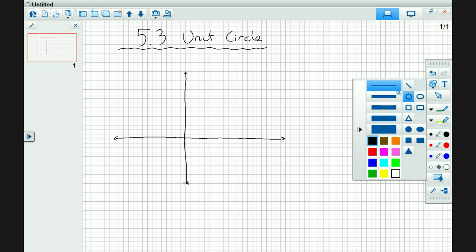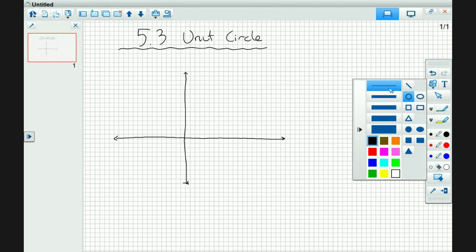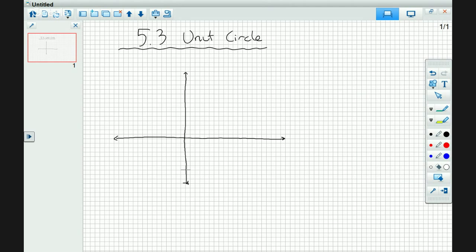That's how I try to use it. Usually you put the center and you cross the radius out and go like this. Okay, so I do this.